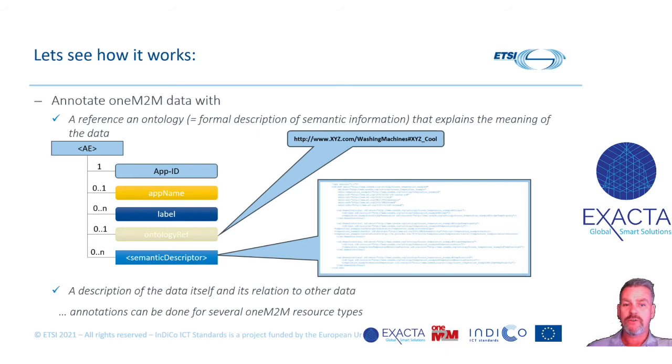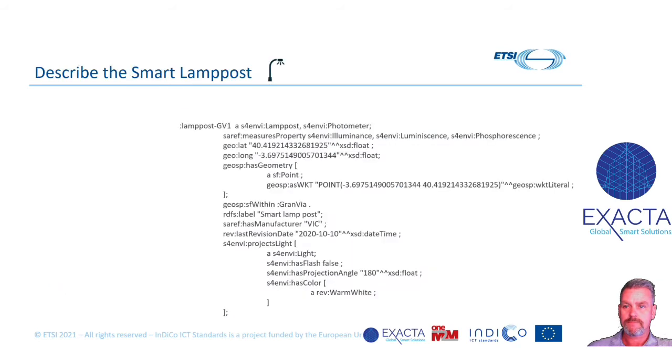Each of these resource types can be given a semantic description. A subscription resource is an example of a resource that does not support semantics. There is no practical constraint to what can be described in a semantic descriptor resource.